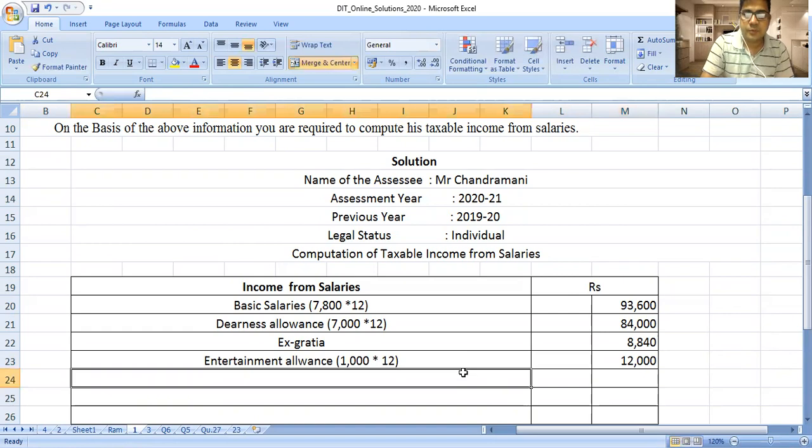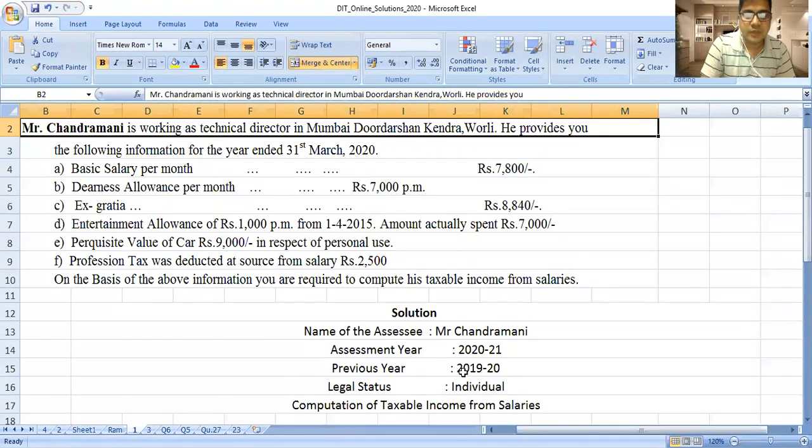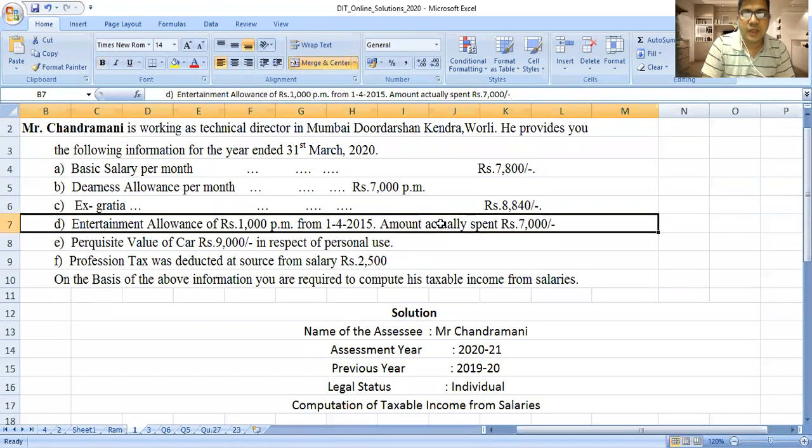Now friends, they have provided the information that the actual amount spent is rupees 7,000. Now the actual amount spent, rupees 7,000, we have to ignore because we will give the deduction. So no need to write the actual amount spent in these taxable values.